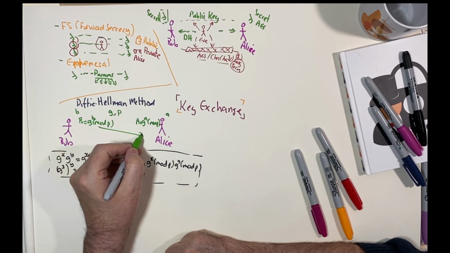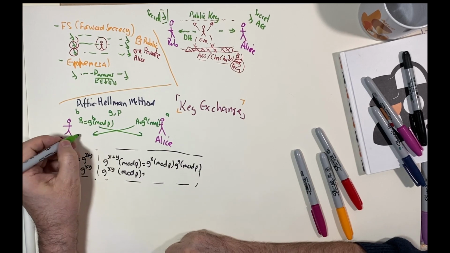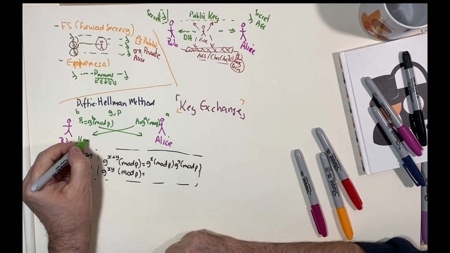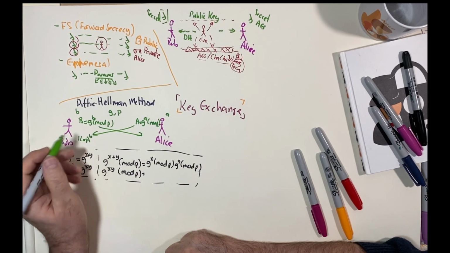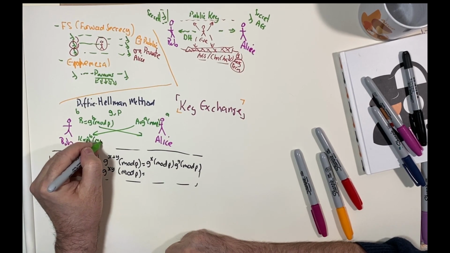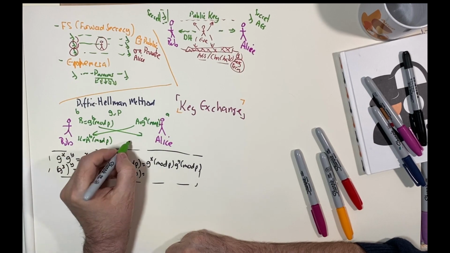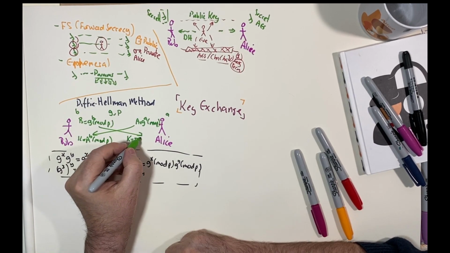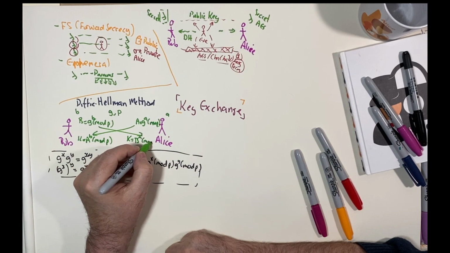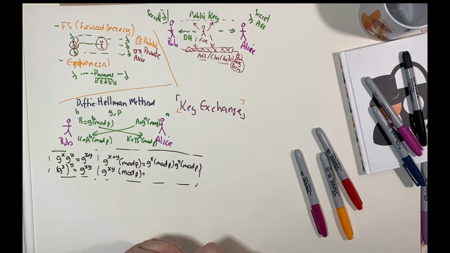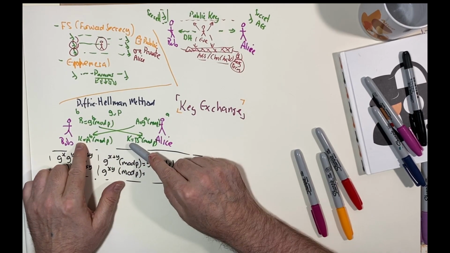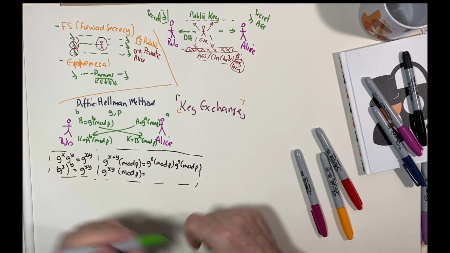They then exchange these values, and then Bob takes A to the power of his value, b mod P, and then Alice will take Bob's value, raise it to the power of a, and take mod P. Hopefully, if everything works out, then they will end up with the same shared secret, K in this case.